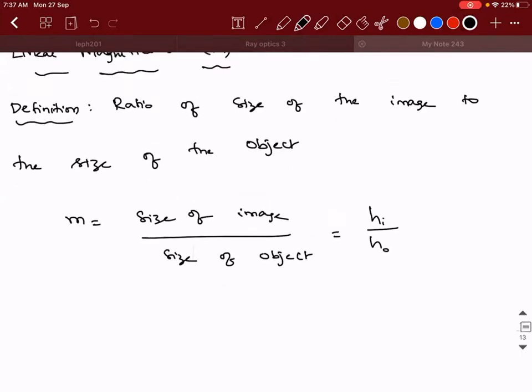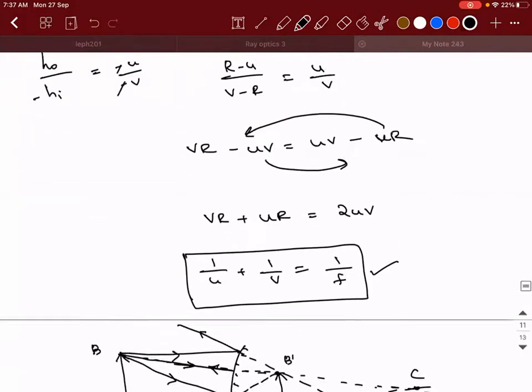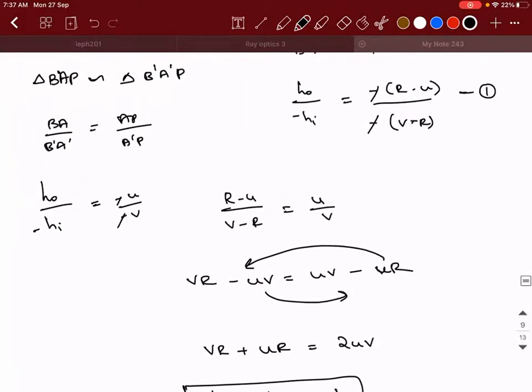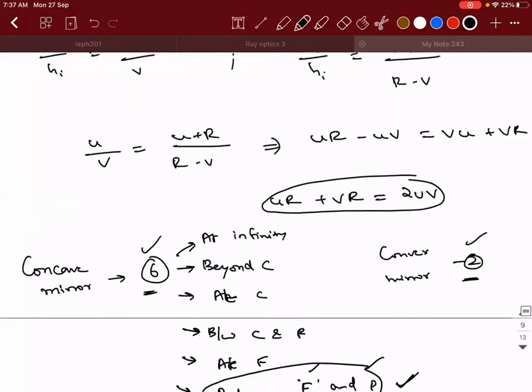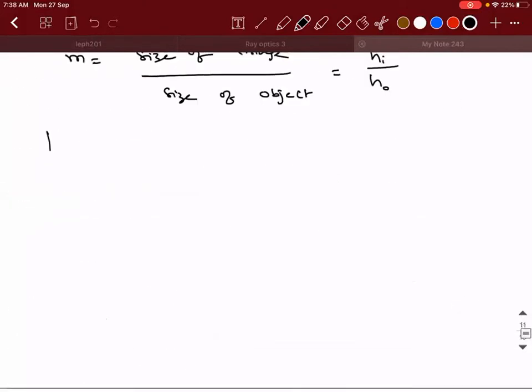If you see the derivation itself, you would have derived this already. We got Ho divided by Hi is equal to minus u by minus v, so they'll get cancelled. This derivation can be taken from anywhere: Ho divided by minus Hi is equal to minus u by minus v. You take any of the 8 scenarios, you will get this step for sure.